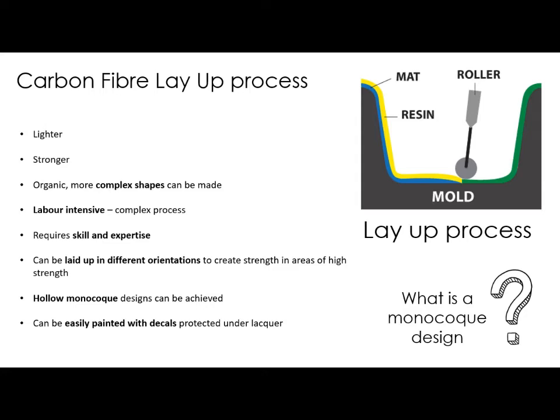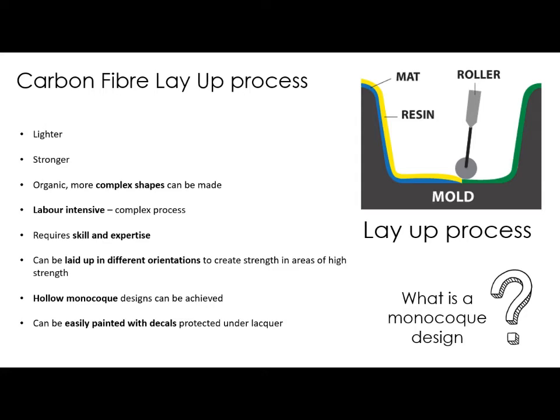You can make very light products because depending on how thick you make the walls of the product can change the weight of the product massively. It's very strong because of the properties of carbon fibre. More complex shapes can be made because you can make a one-off of a mould. You can make quite complicated shapes, and you can achieve a shape that would be otherwise quite difficult to manufacture.